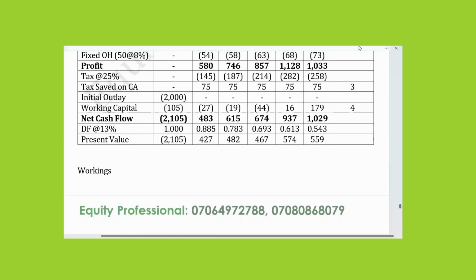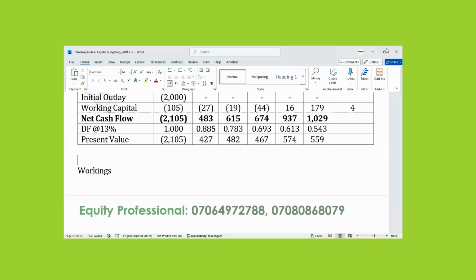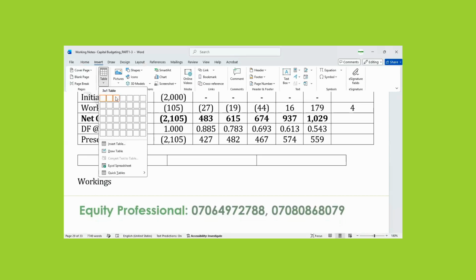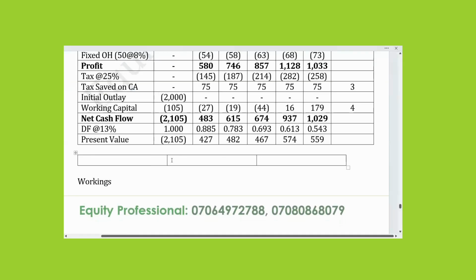Let me create a column, just a single column to match. All right. So my NPV.